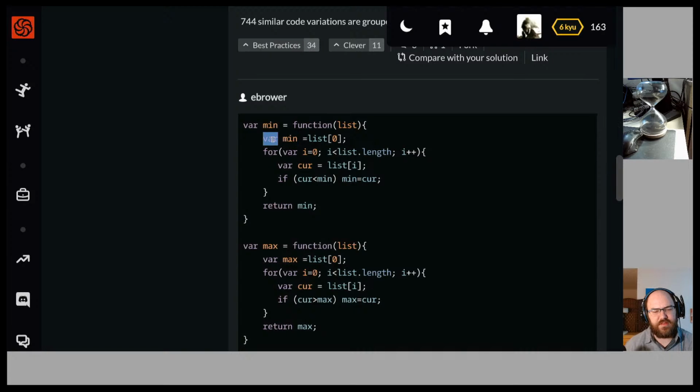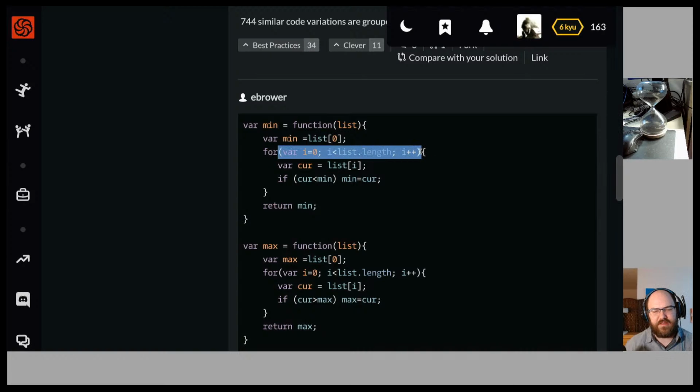Also, I think let is more fashionable than var at this point, right? Anyway, what do they set their minimum to? They set it to the first value in the list. That's even better than the way I did it. But otherwise it's very similar.